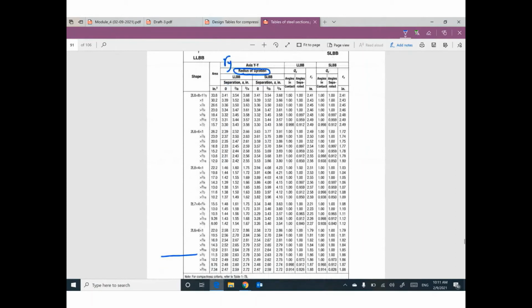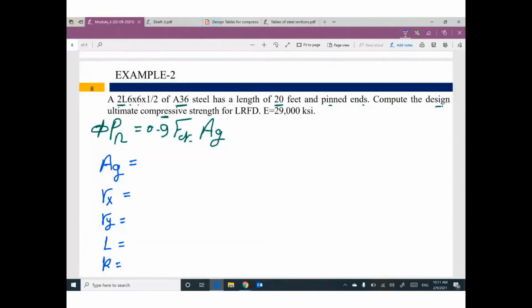Ry is the smallest value. I'm gonna assume a separation of this value, let's do 3/8. So the value of radius of gyration R will be 2.63. Okay? This one will give you 2.63.